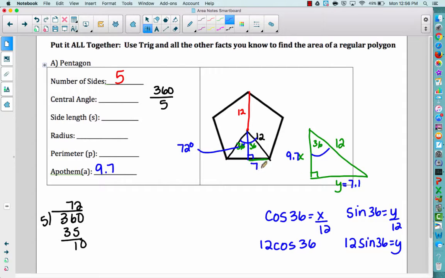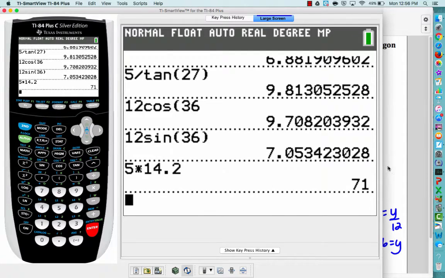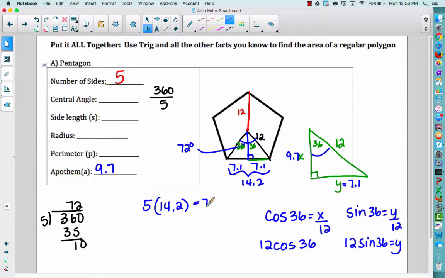If this is 7.1, I need the whole side, so I have to double it, which is 14.2. I have to multiply 14.2 by 5 to get the perimeter. So 5 times 14.2 is equal to 71. So my perimeter is 71.